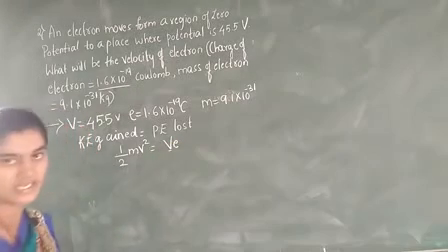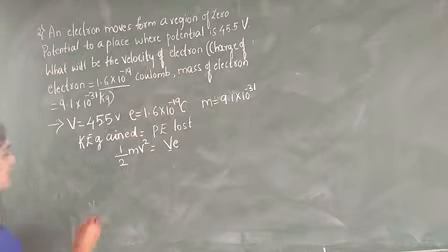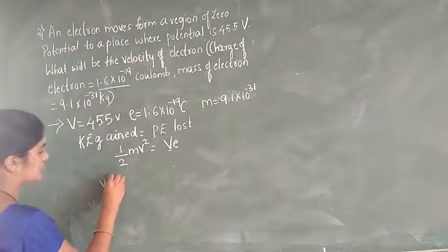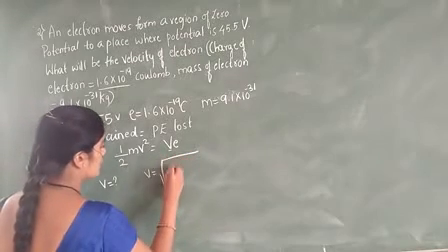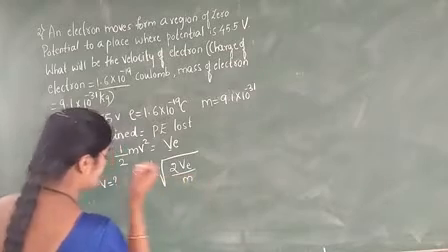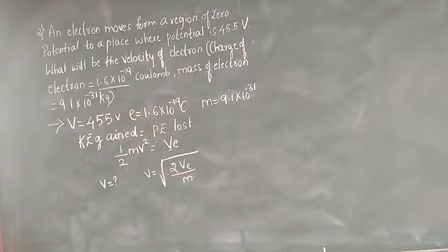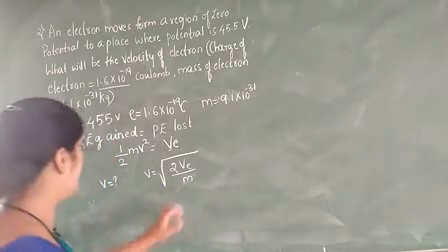V means potential. Now, from this we have to calculate the small v, that is velocity. Therefore, v is equal to root of 2 V e by m.